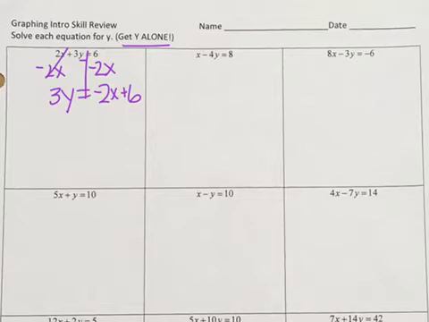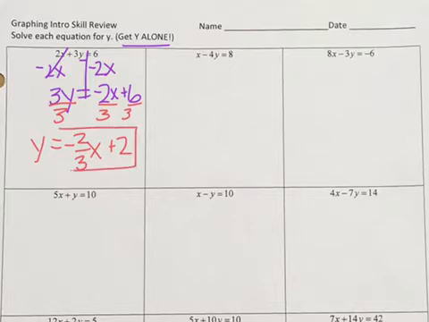Now y is not by himself yet, so the last thing I have to do is divide. I need to divide by 3 to every single term in this equation. When I do that, I am left with y, and you guys are going to keep your fractions. So negative 2 divided by 3 is negative 2/3 x, and then 6 divided by 3 is a positive 2.